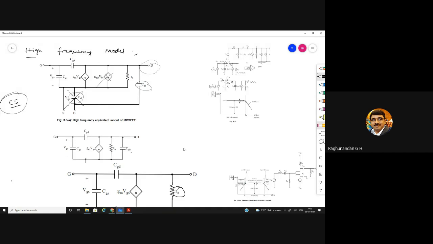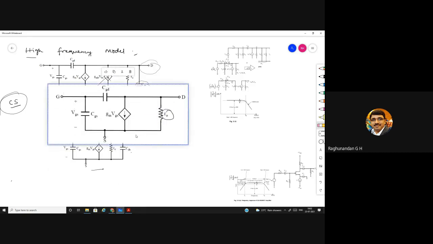If you have 1 kilo ohm and 100 kilo ohm in parallel, the effective resistance will be almost equal to 1 kilo ohm. That is how in parallel combination we get the effective resistance. But if it is in series, then obviously it will be equal to about 100 kilo ohm. On this basis, we can ignore the effect of CDB since we have r naught parallel to it.